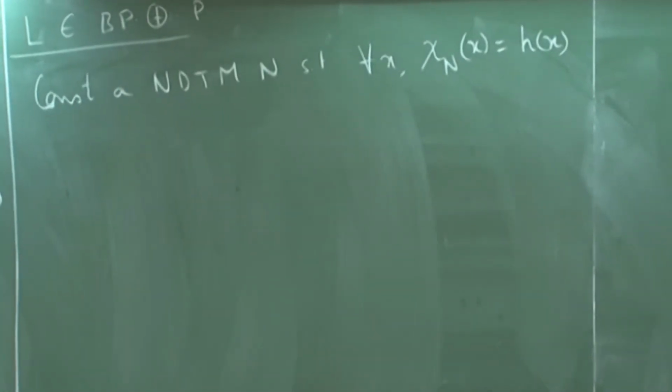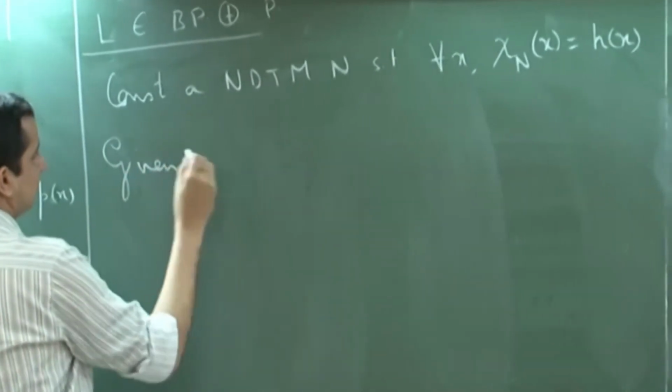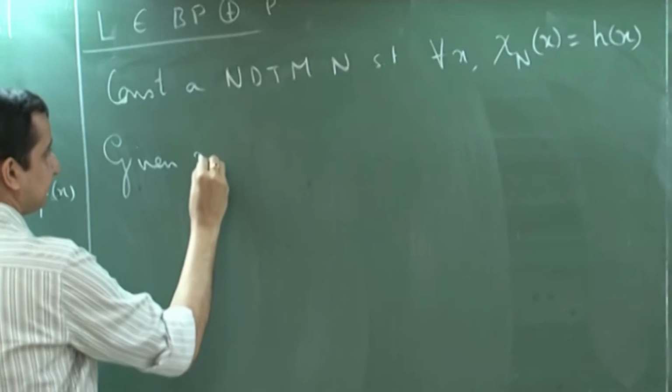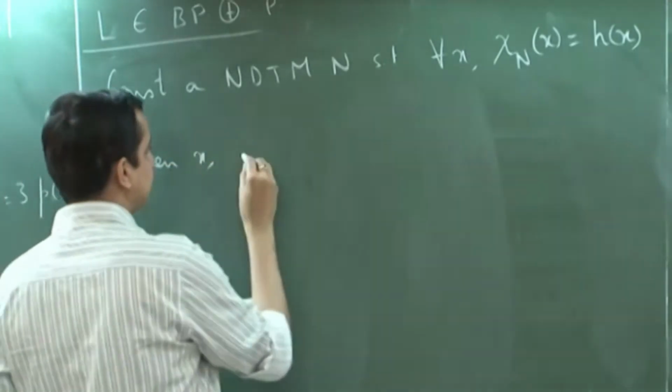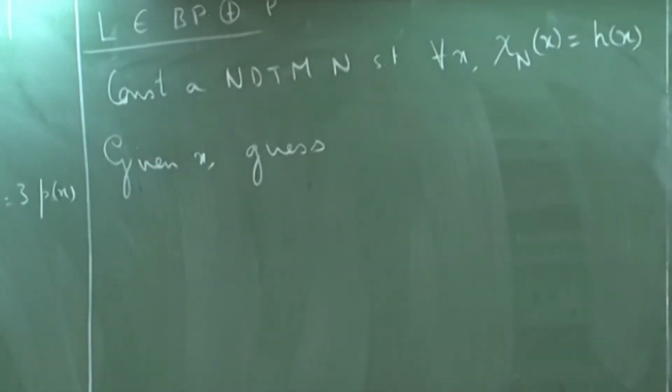So, how do we construct this machine? Given x, h of x is just the sum of all these terms.